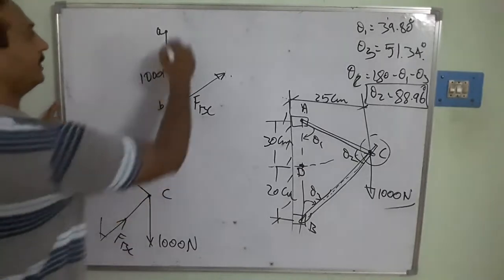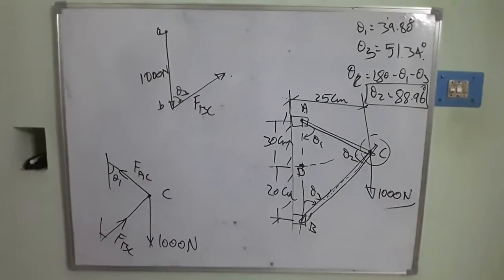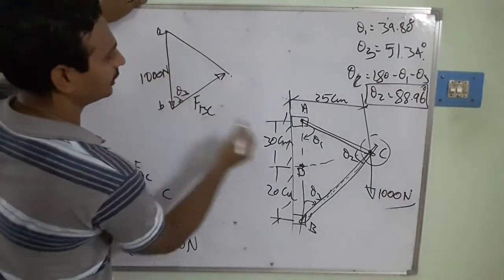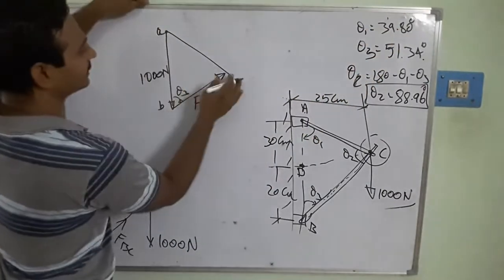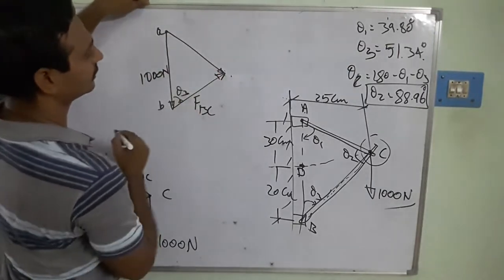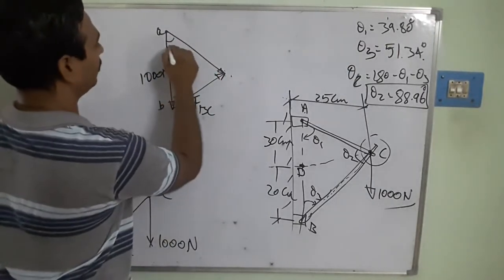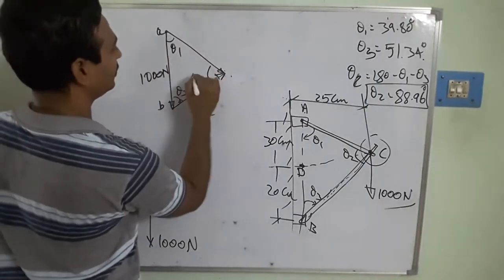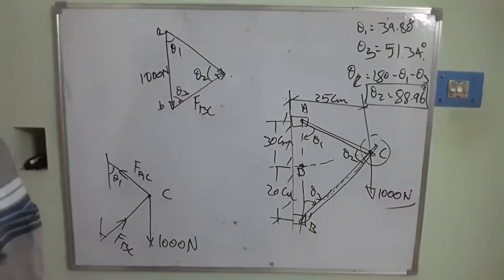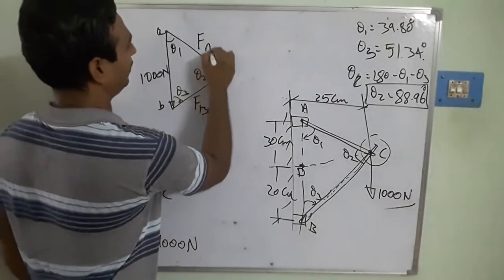So I am going to make an inclination of 39.9 degrees, and it is going to intersect at this point. Right? This force is at theta 1, and between these two it makes an angle of theta 2. And this force is FAC.